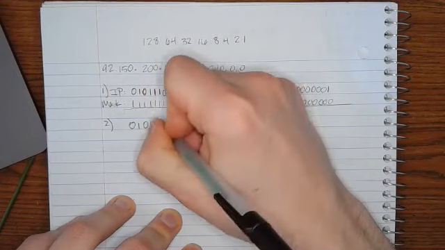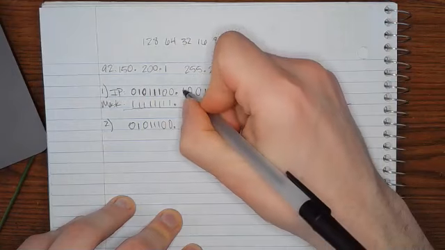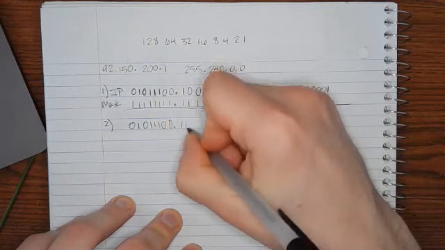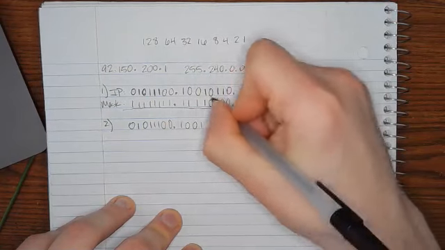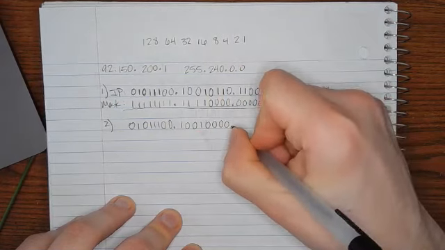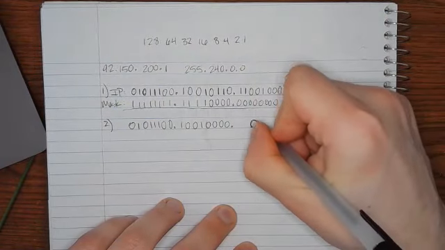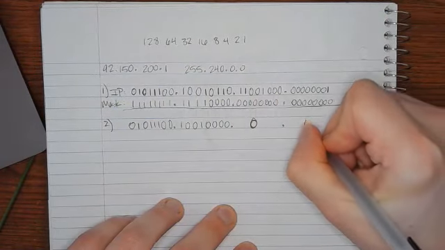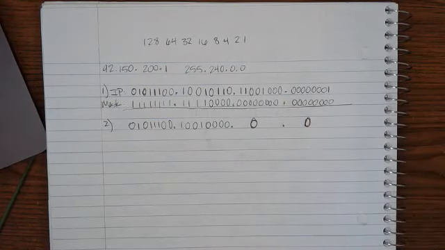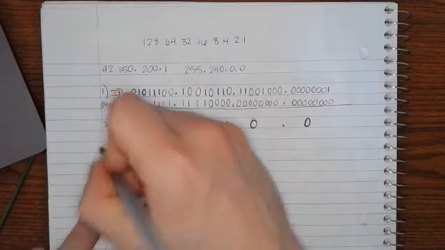In the second octet, I've got a 1, 0, 0, 1, 0, 0, 0, 0. And then these are all just going to zero out. So I'm just going to write a big old 0 here rather than writing zeros 8 times. Okay, so this is my subnet address, right?